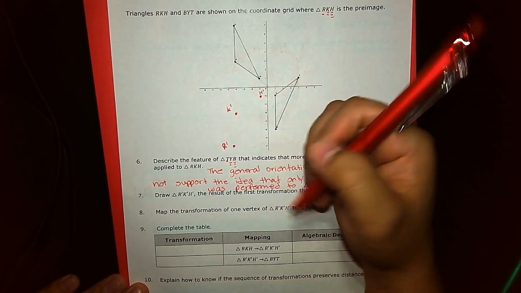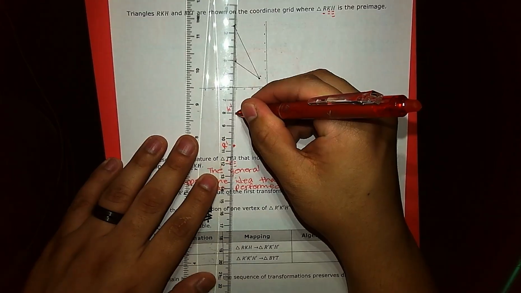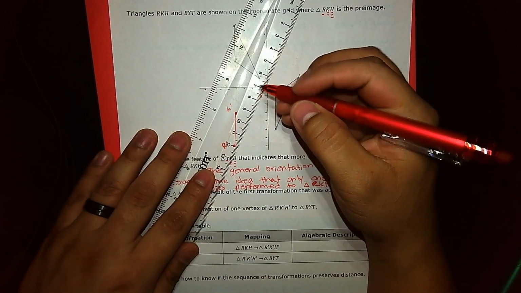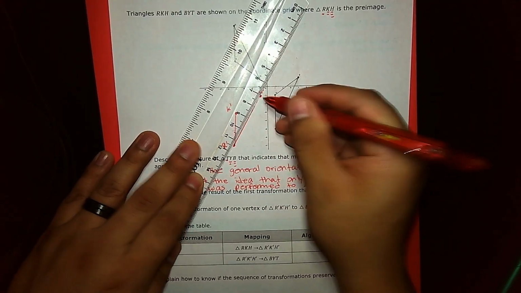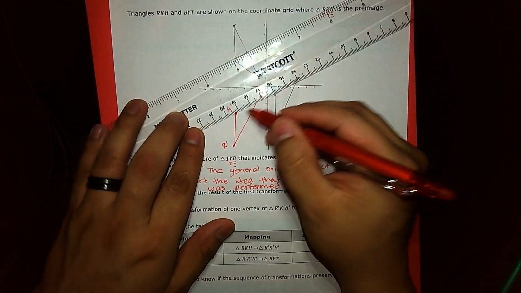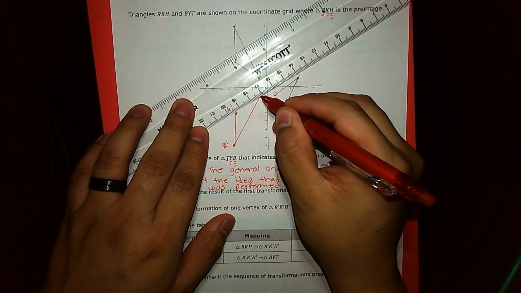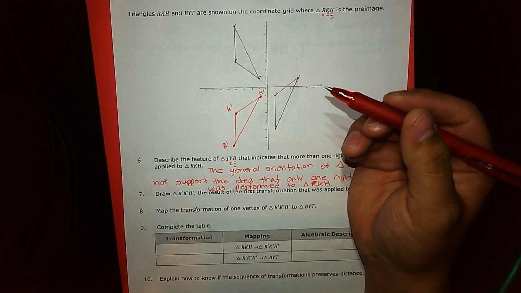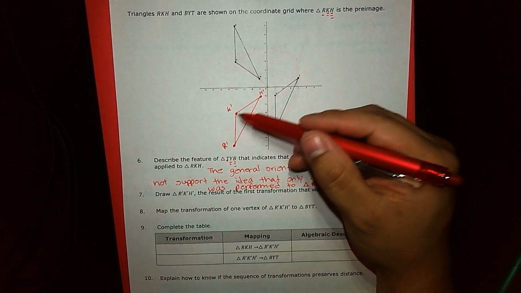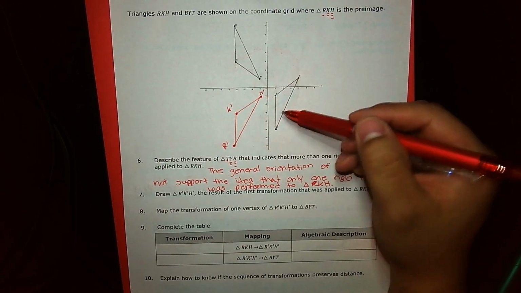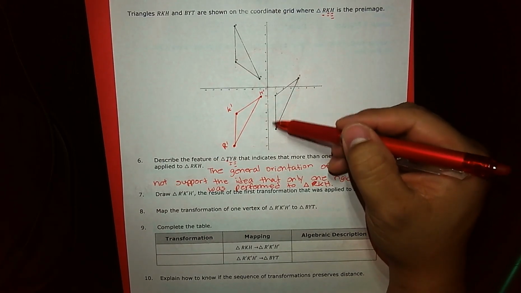Again, it looks like a K. So my triangle will look something like that, and I have no excuse for it not to be a little bit more perfect. You can see that the triangle now lies in the same orientation as this triangle. They look the same.